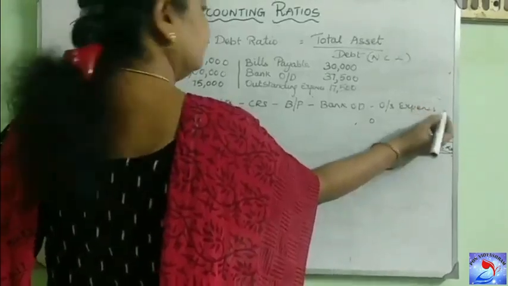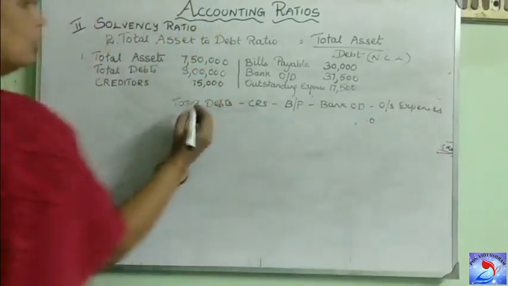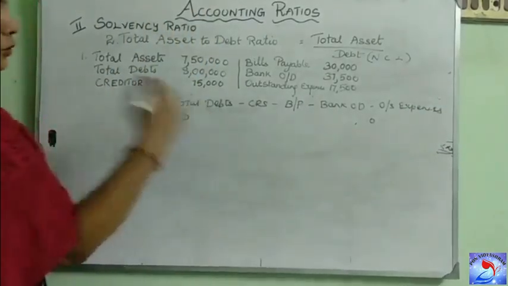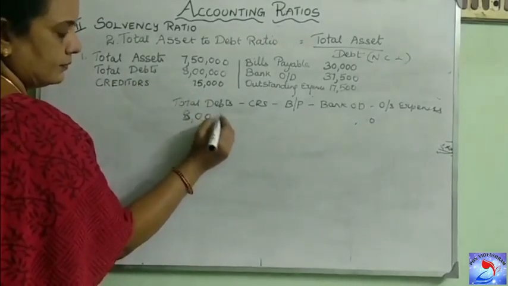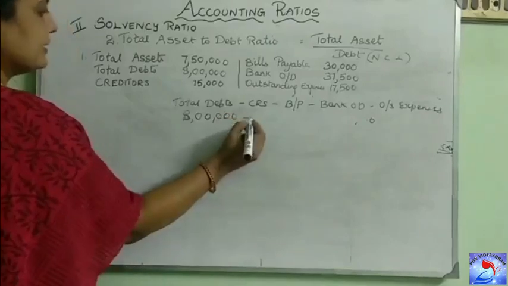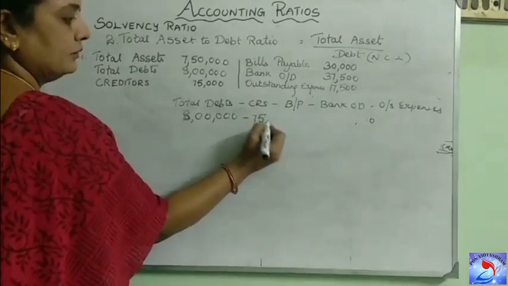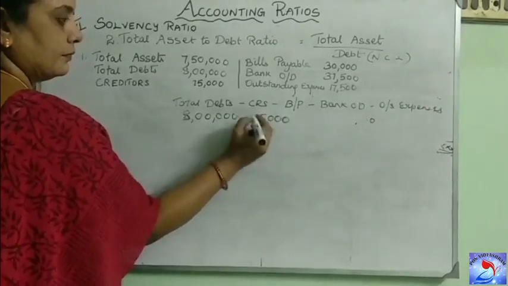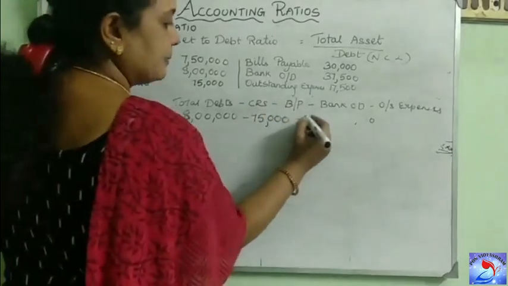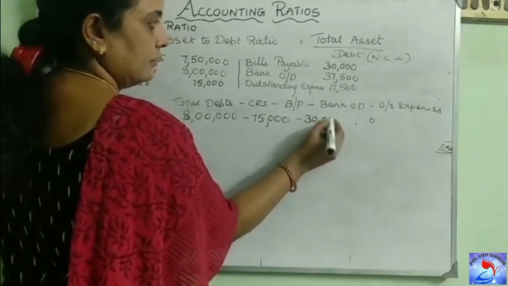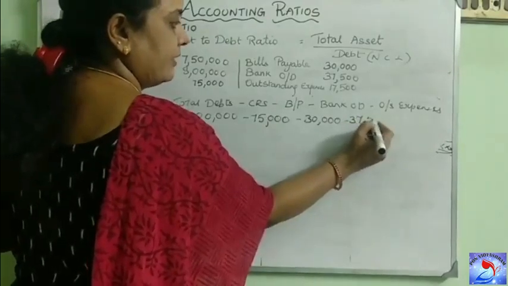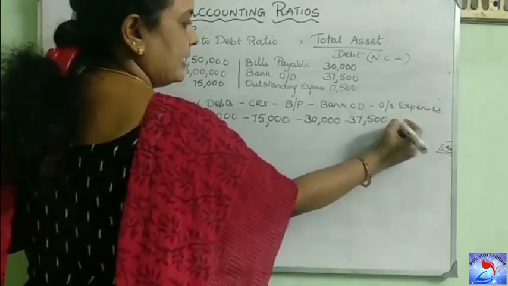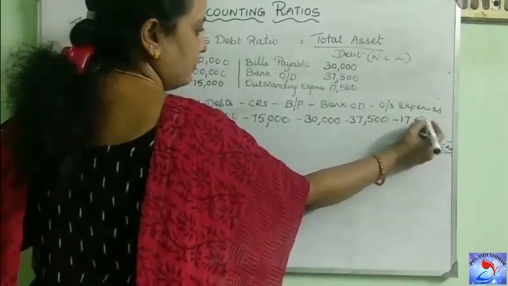So now you have total debt as 8 lakh rupees minus creditors 75,000, then bills payable 30,000, then minus 37,500 minus 17,500.